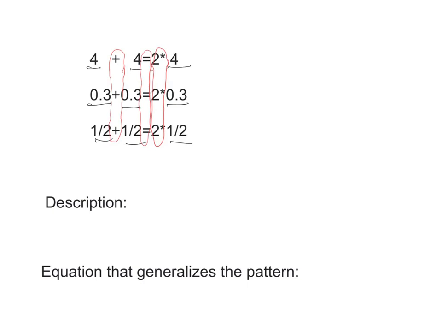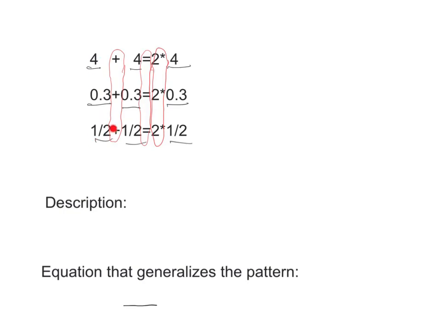Every time I underlined a number, instead of writing a number, because I want an equation that generalizes the pattern, so it's not just specific examples, it's any number, any variable, I'm going to write a line where I have an underlined number.